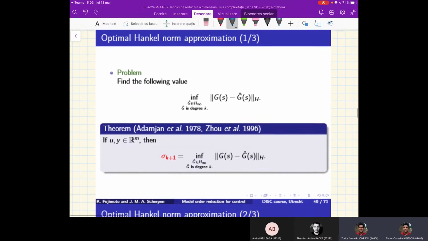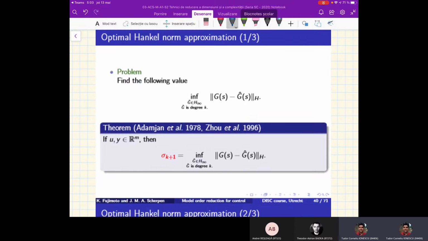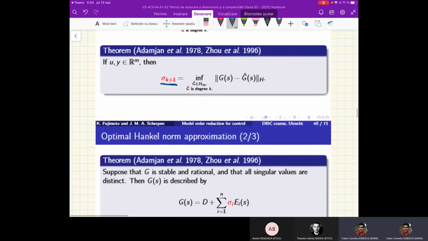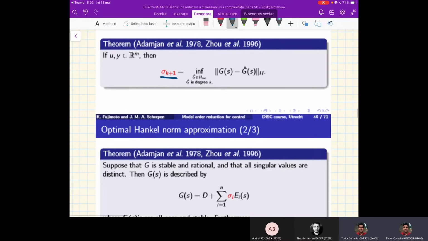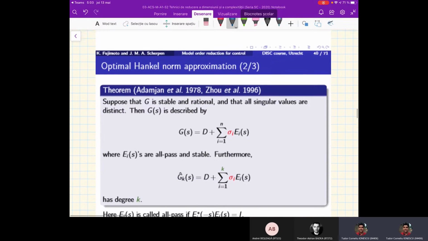Optimal Hankel norm approximation: you have to minimize this norm, and we have a theorem by three people, Adamyan, Arov, and Krein, telling us that the k+1 Hankel singular value is the infimum of this Hankel norm.